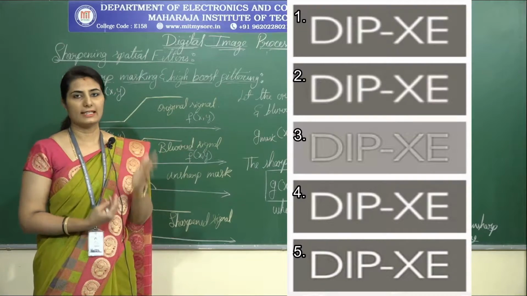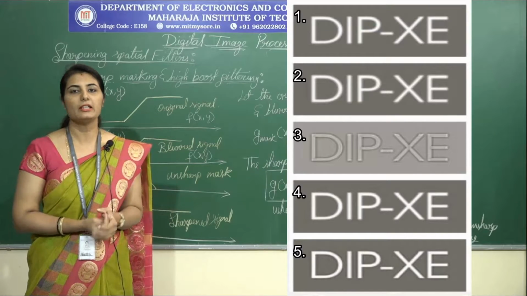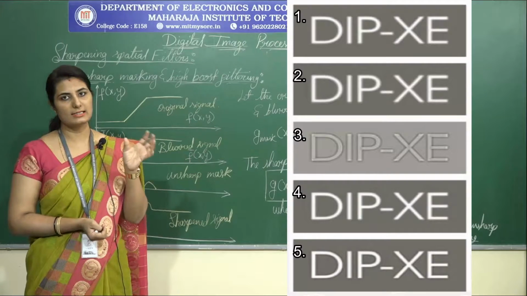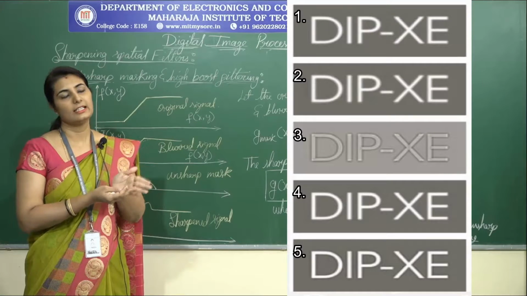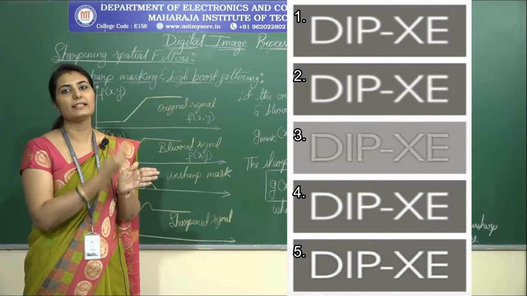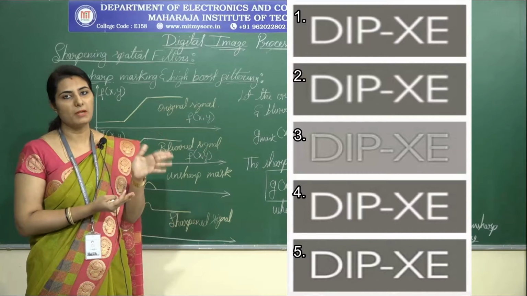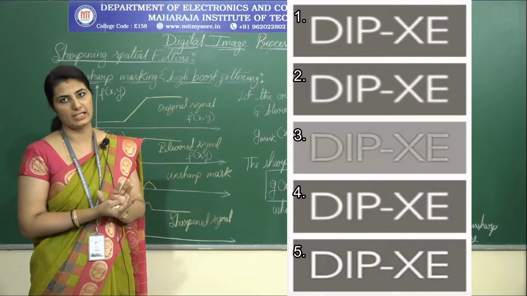Now let me consider an example to illustrate unsharp masking and high boost filtering. Look at this image. The first image is the original image, the second image is the result of blurring the first image, and the third is the unsharp mask, which is obtained by subtracting the blurred image from the original image.